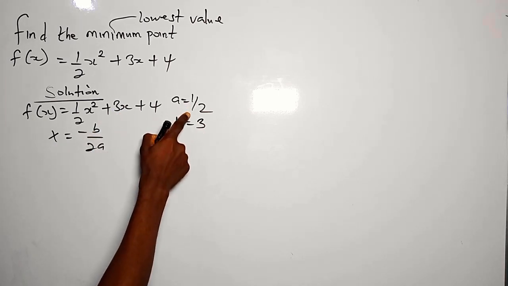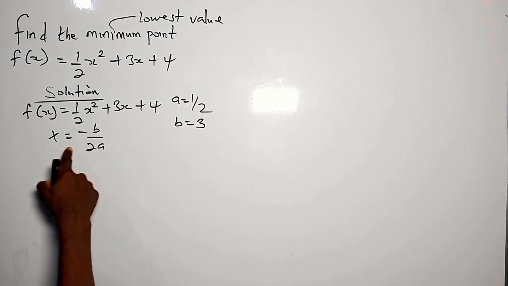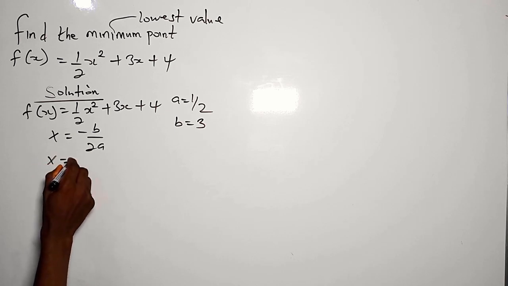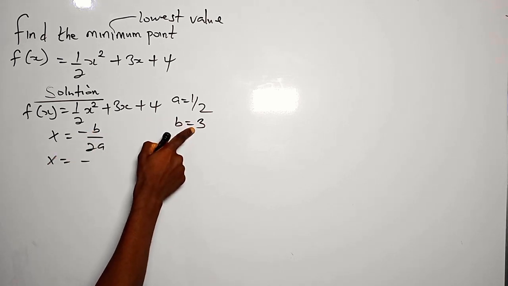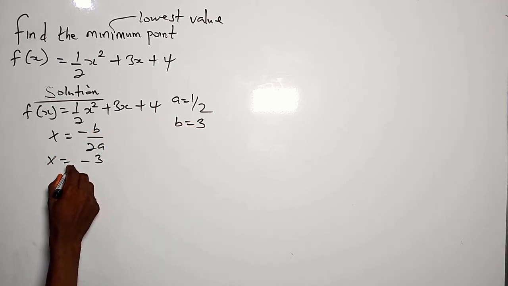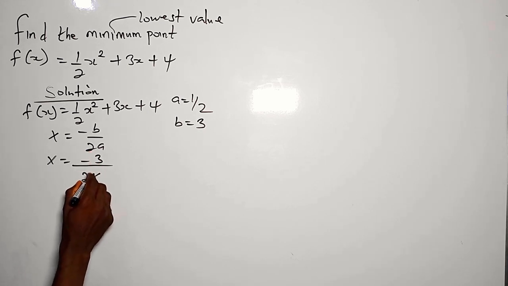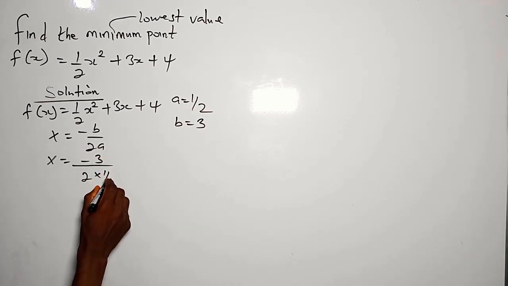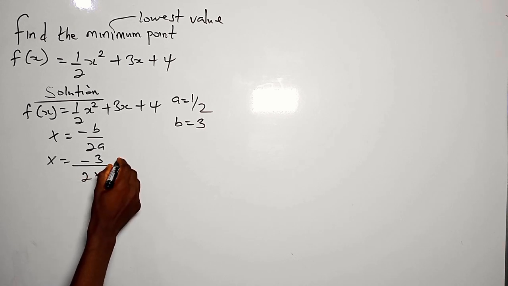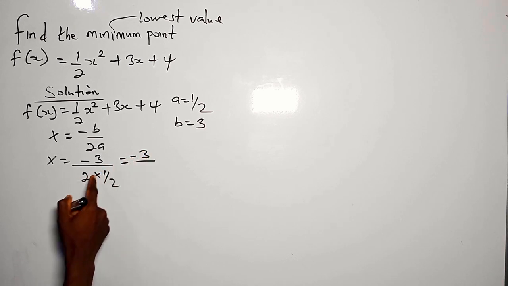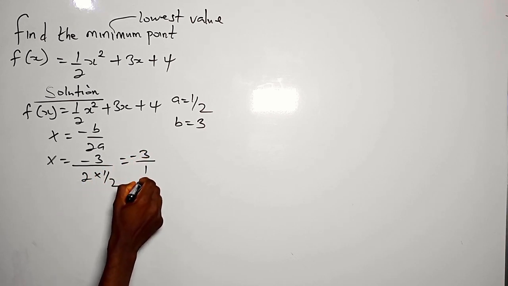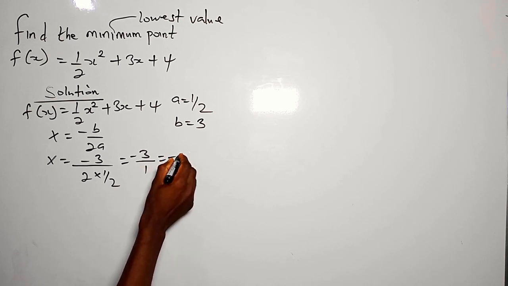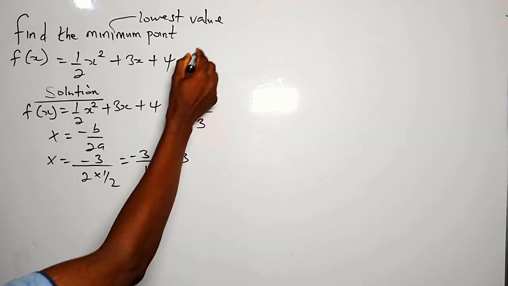Now, when we substitute this back, we have x equals minus, for b, we have 3, over 2 times, for a, we have half. So here we have minus 3 over, for 2 times half is 1, which is the same as minus 3, which stands for x.